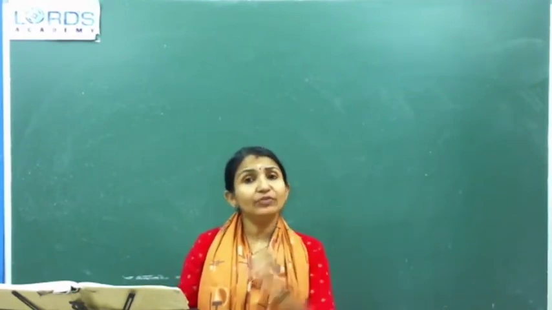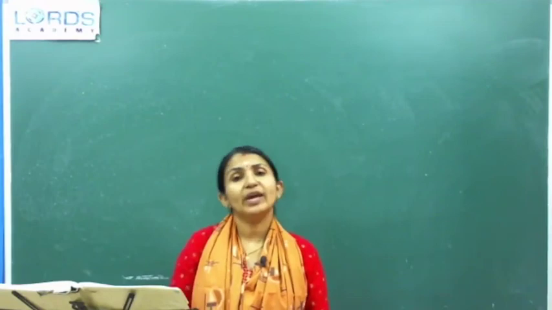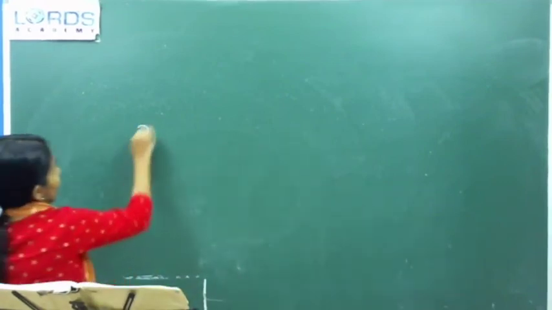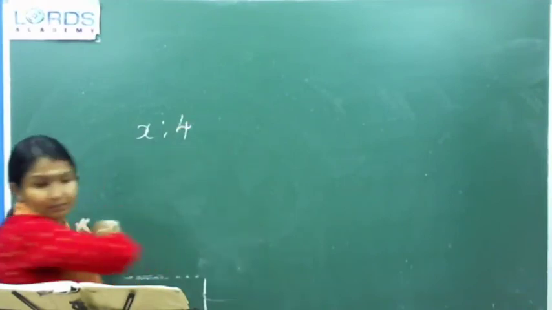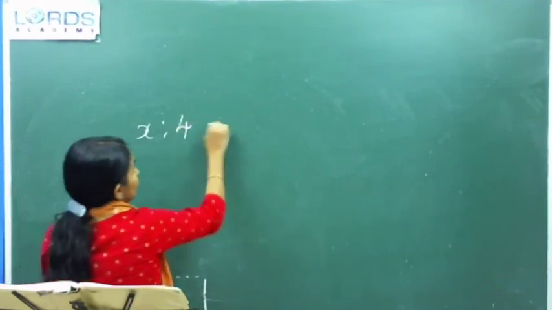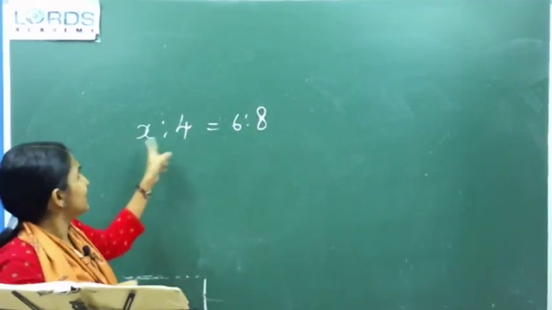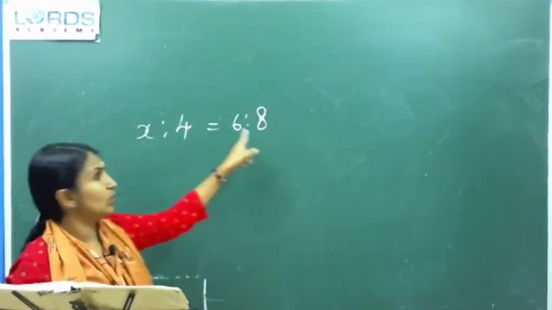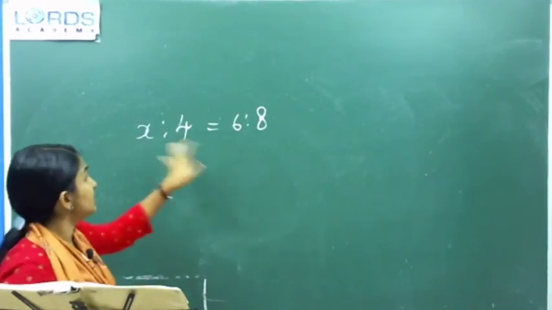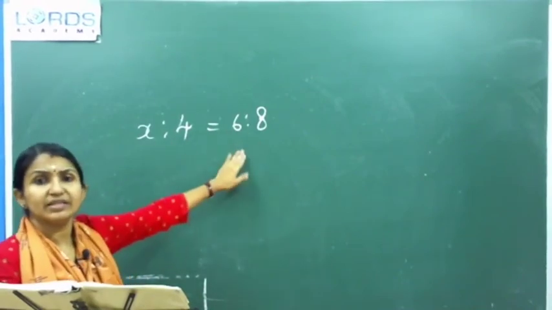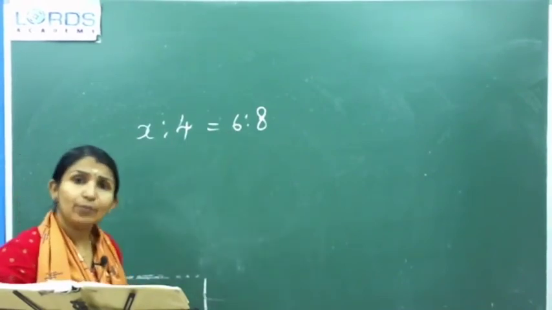If any of the terms is missing, how can we find the answer? Let's check. The question is x:4 is equal to 6:8. What does it mean? It means these two ratios are the same, which means they are in proportion, right?